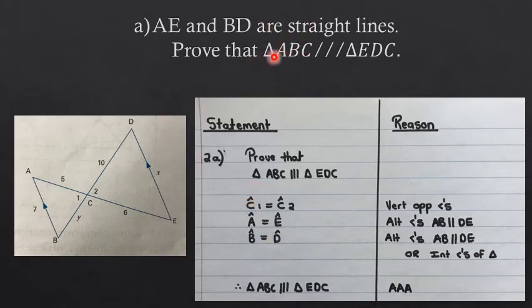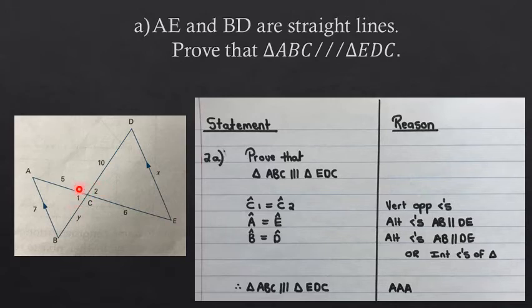So I know that angle A should be equal to angle E, and angle B should be equal to angle D, and angle C should be equal to angle C. So A should be equal to E, B should be equal to D, and the two C's are equal.